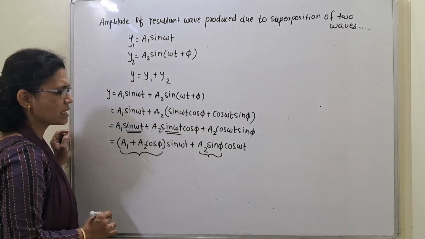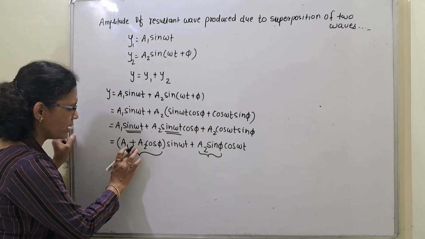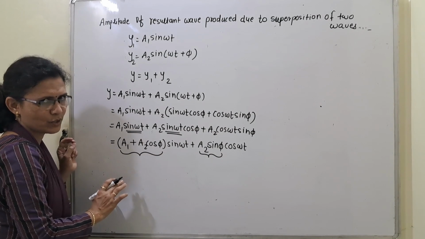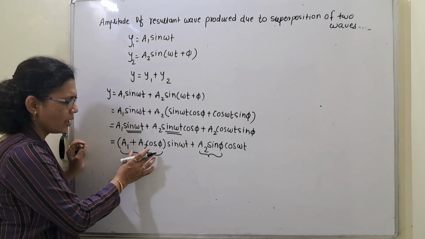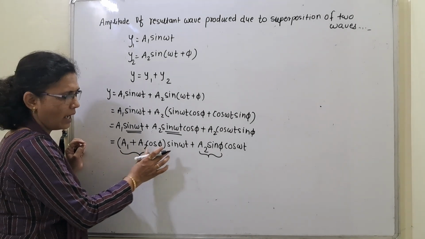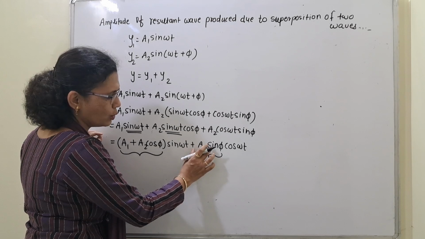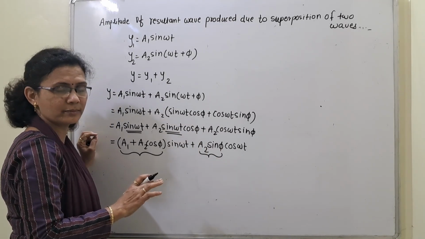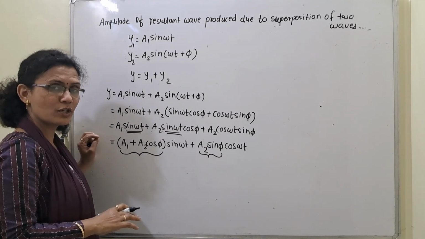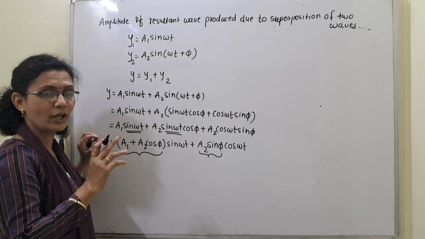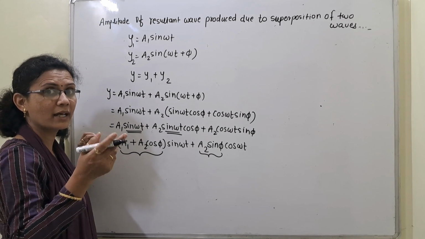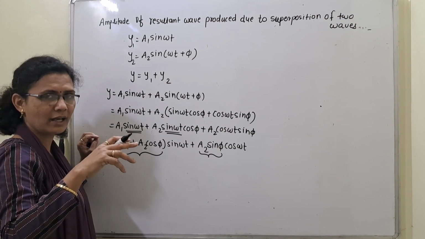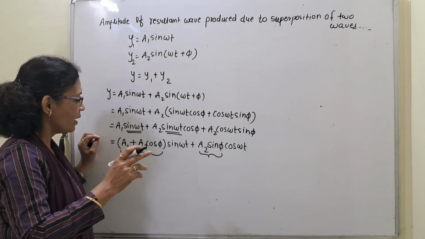Okay, what will be that substitution? a1 plus a2 cos of phi, I am going to substitute as A cos of theta. And here in place of a2 sine of phi, I will put A sine of theta. See, in the last expression also, for that oscillation, we had put that value in terms of r cos delta and r sine delta.